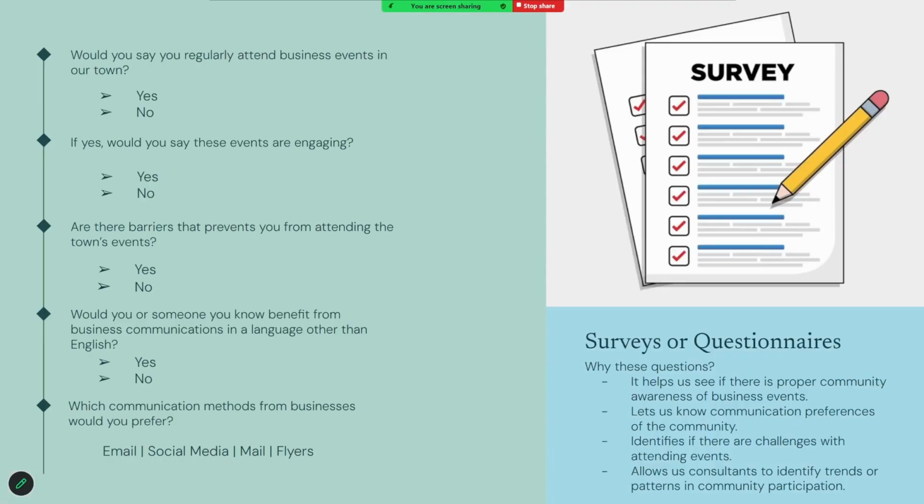For the first research method we used, surveys, the questions asked are: would you say that you regularly attend business events in your town? Yes, no. If yes, would you say that going to these events is engaging? Yes, no. Are there barriers preventing you from attending these town events?